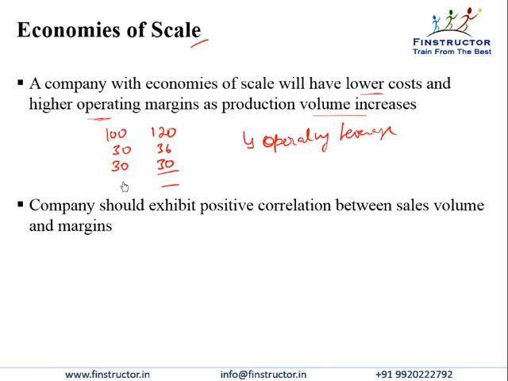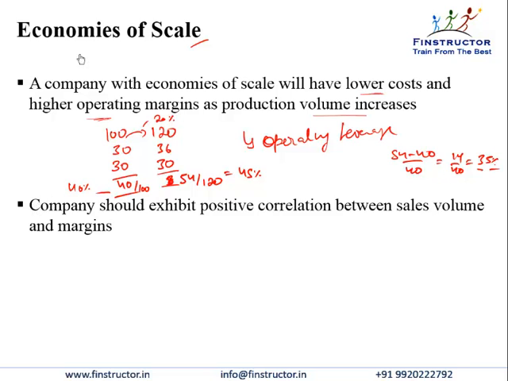In other words, the profit margin, which was earlier 40 divided by 100, that is 40%, will now become 54 divided by 120, that is equal to 45%. So as sales grow, earnings will grow disproportionately. For a sales growth of 20%, EBITDA is growing by 35%.